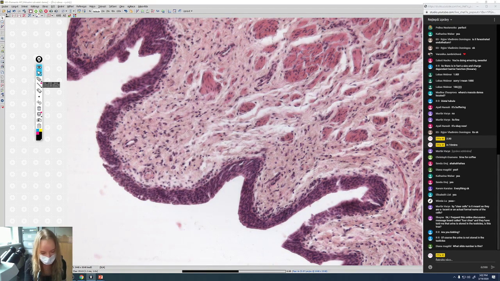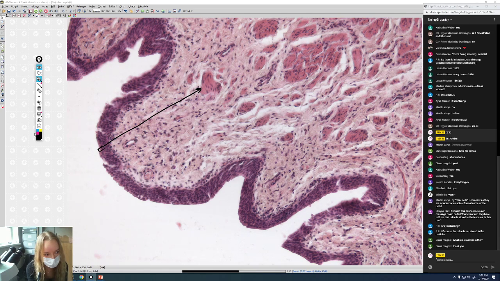So once again, the mucosa is this part right here. We can see some smooth muscle cells right here, so this is already a part of the muscularis, starting right there. And this is mucosa.